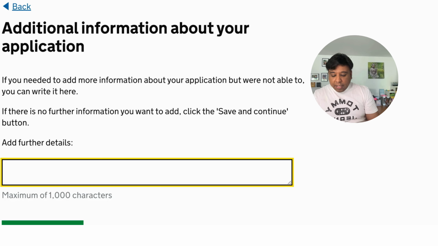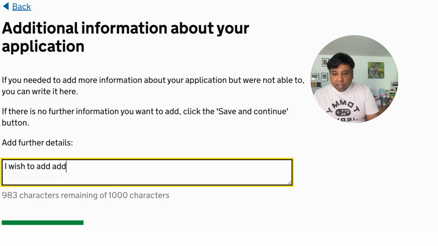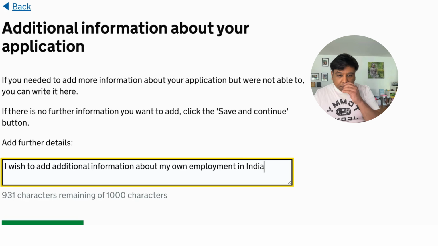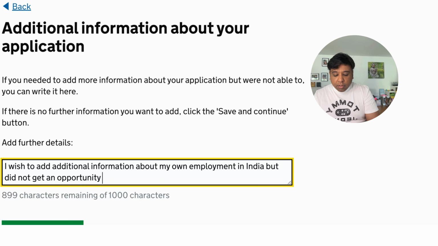But I can write, I wish to add additional information about my own employment in India, but did not get an opportunity to provide that.